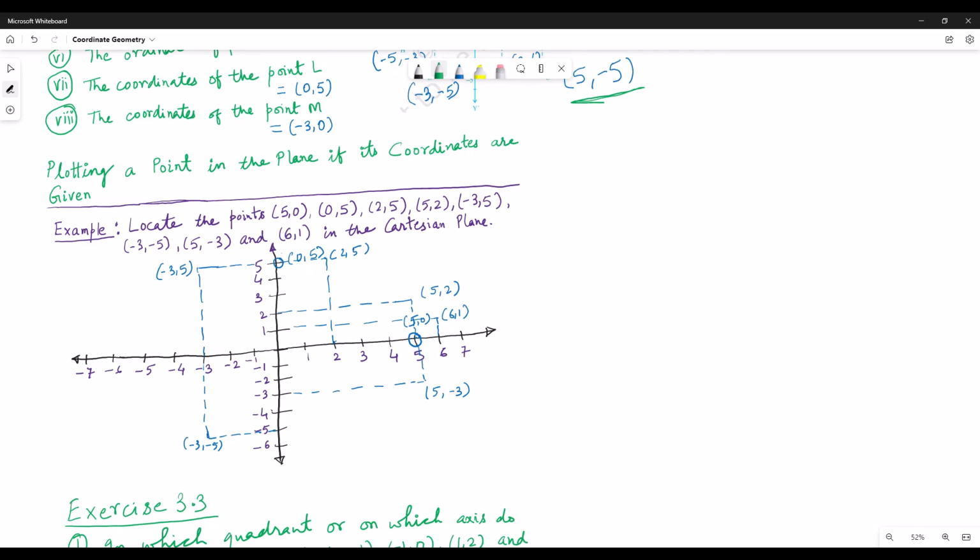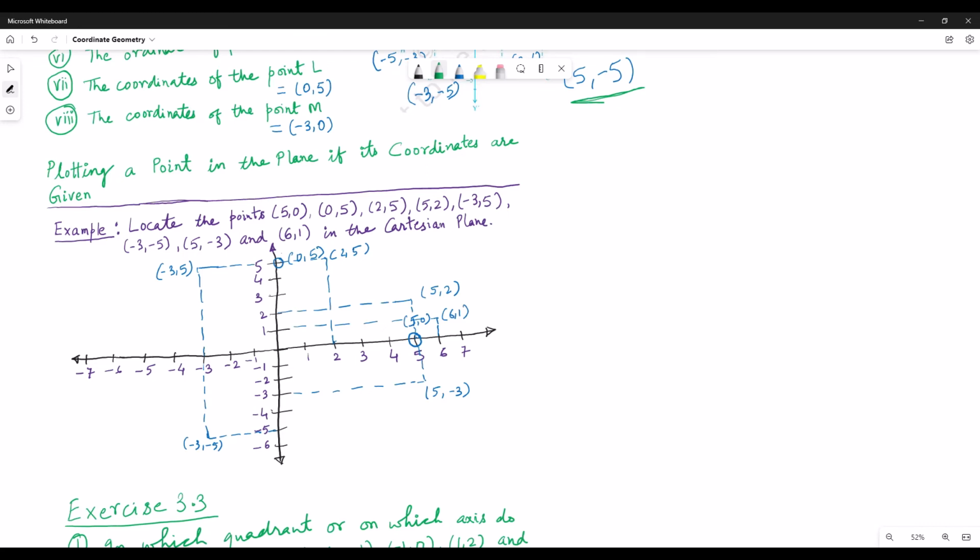In the x direction it is 0, and in the y direction it is plus 5, so it will be on the y axis. 2, 5: the x coordinate is 2, and in the y direction it is 5. So 2, 5 will be in the first quadrant, and 5, 2 will also be in the first quadrant, but in 5, 2 the x direction is 5 and the y direction is 2. So that is 5, 2.